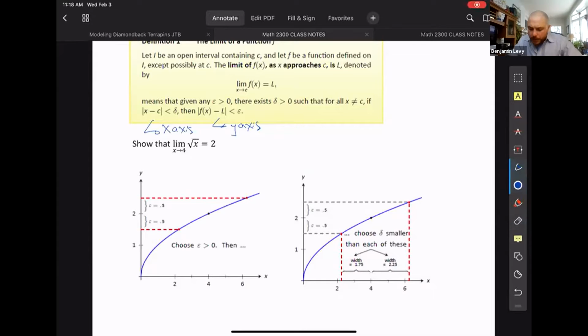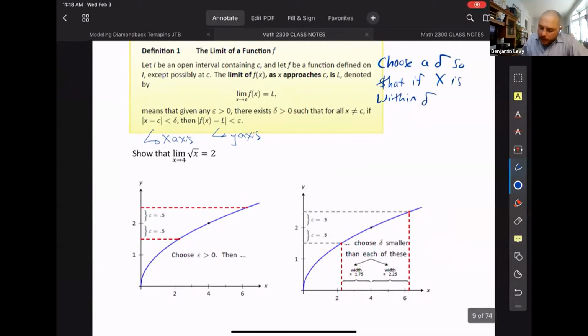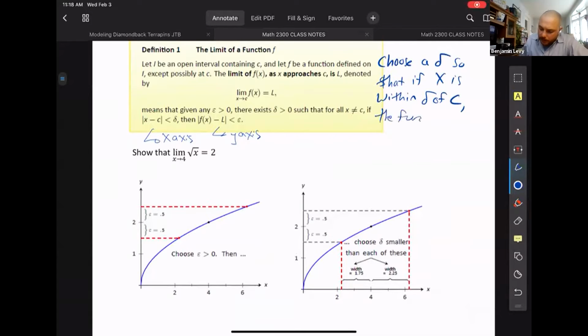And let me also set it up top here. So the idea is you choose some distance delta so that if x is within delta of C, the function output, I should say, is within epsilon of the limit L. I'm just writing it down, this is what I said in English, so you can have it.